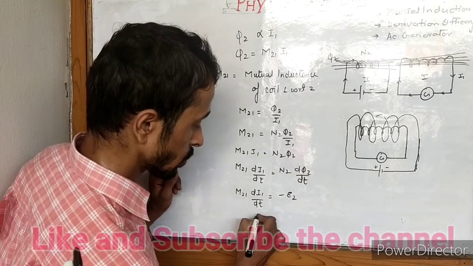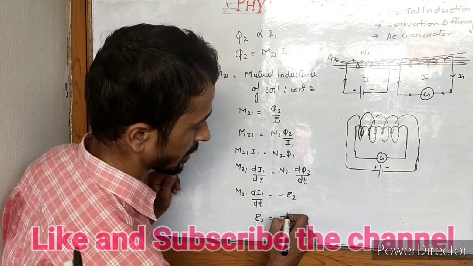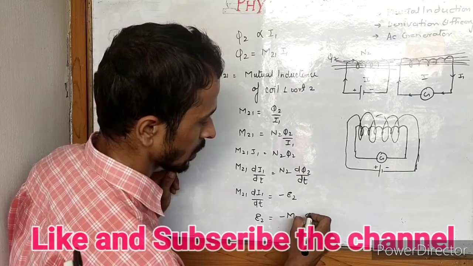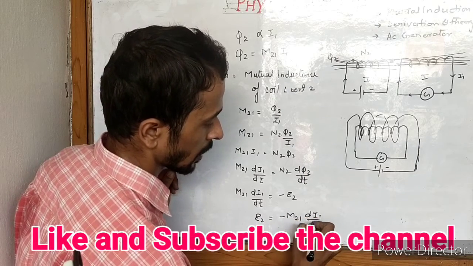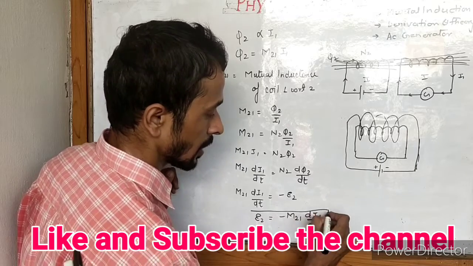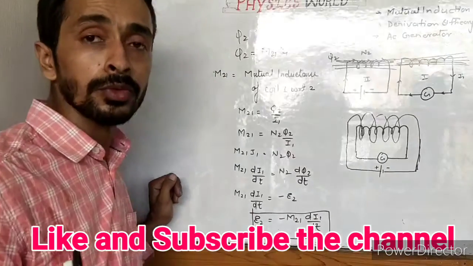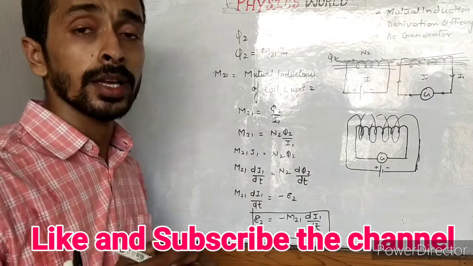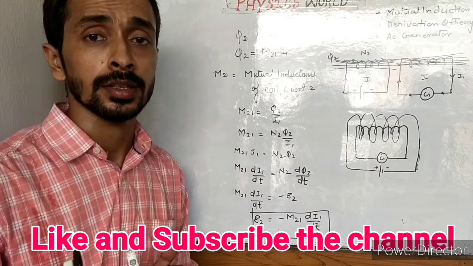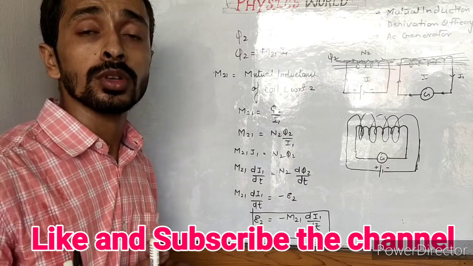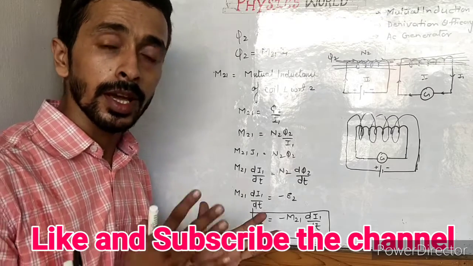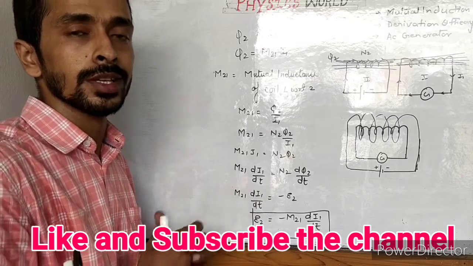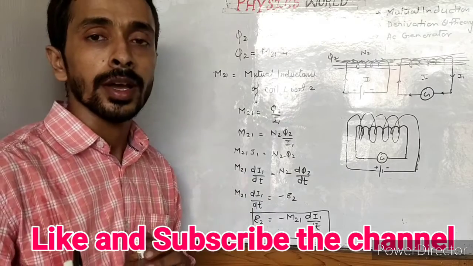Then induced EMF on the second coil is equal to minus M21 dI1 upon dt, and that amount of EMF is generated and that we need to study here. और यही हमारा EMF जनरेट होता है और यही हमें यहाँ पे पढ़ना था. So that was all about the mutual inductance. ठीक है, आप लोग को समझ में आएगा. Just take the screenshot of this topic and note down there.